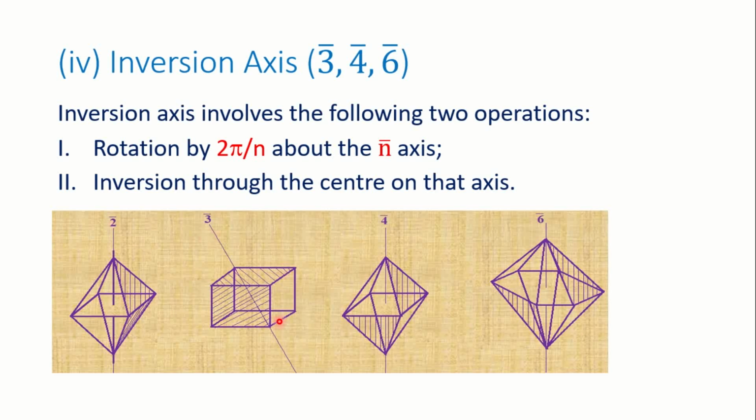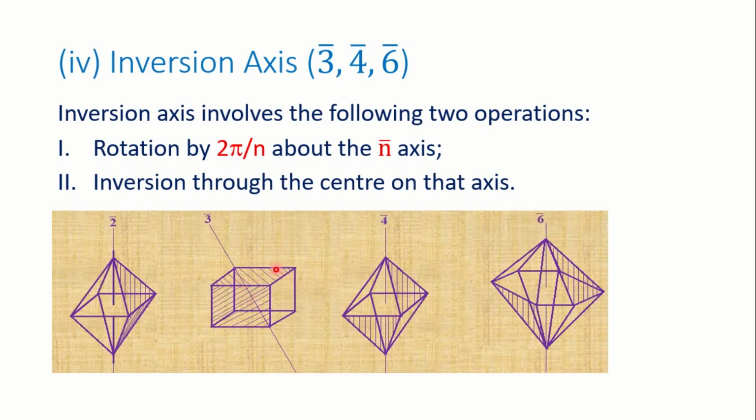We know that. Let us focus on 3 bar. Okay, so this is the top face, this is the bottom face, this is the right face, this is the left face, this is the front face, and this is the back face of this cube. Let us take for example the top face of that cube, then rotate it by 120 degrees, because this is 3 bar, so 2 pi by 3 means 120 degrees.